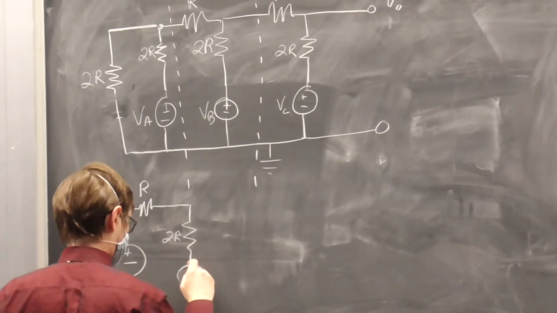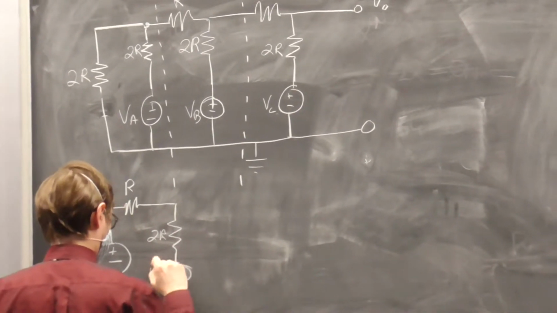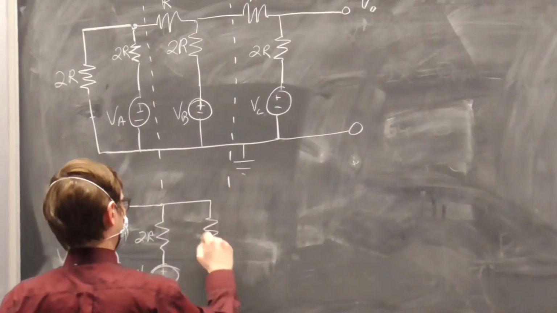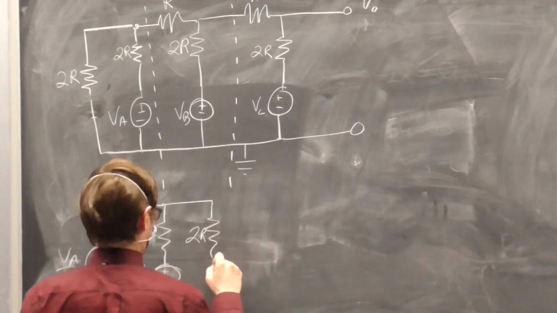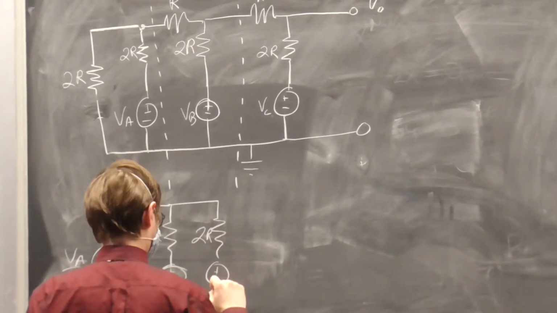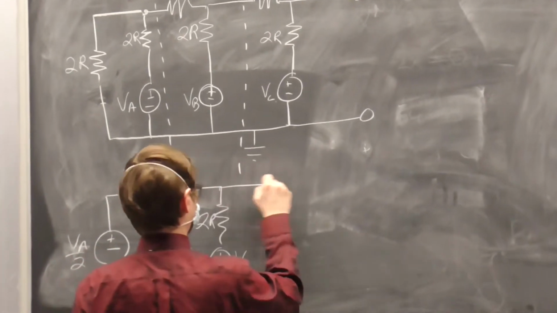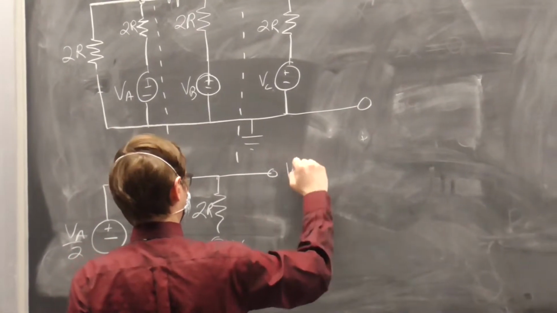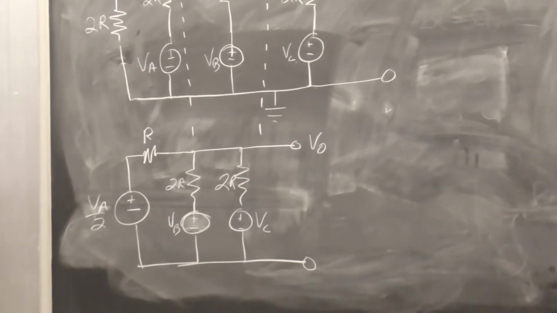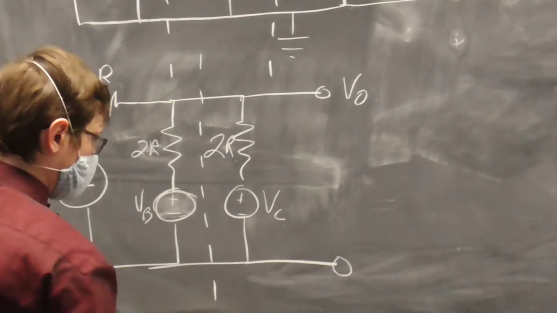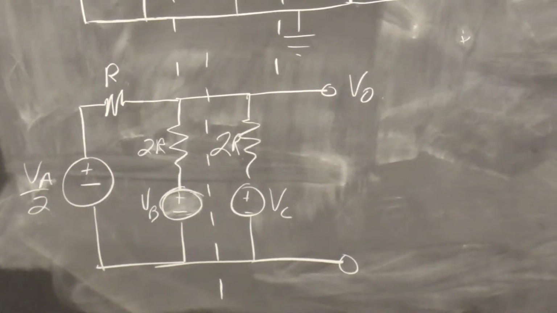Oh, let's check that for VB. 2R. VC. VO. Right? So, let's do it again.